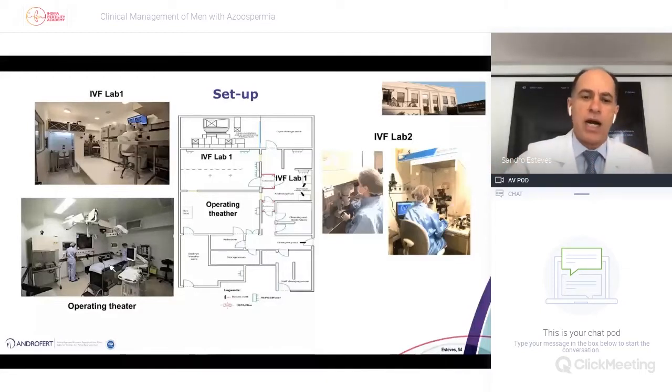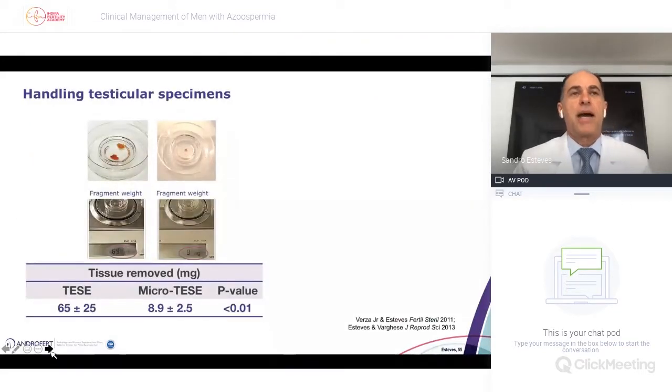So it's very fast, very efficient, and we are able to improve the efficiency of the process we do concerning microTESE, which I consider essential to improve the results. So it's not only all the aspects that I have discussed with you before, but it's also important the way you set up your environment in the operating theater and in the IVF laboratories.